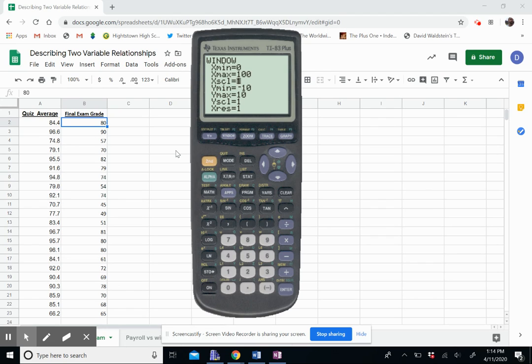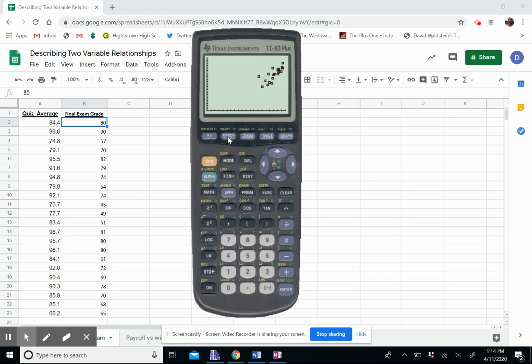That's the x min and the x max, the range for your x values. Scale is how much you want to go up by. We'll just say 5, I guess. It does not really matter. The y values are also between 0 and 100, and will also go up by 5s. Then I hit graph, and you can see that this is my scatter plot right here.